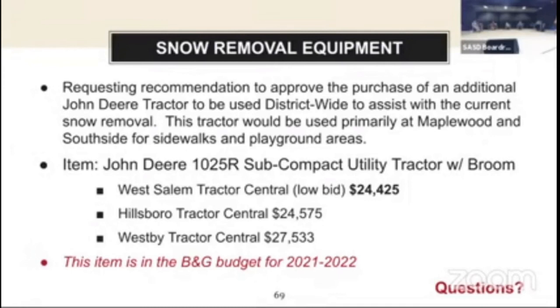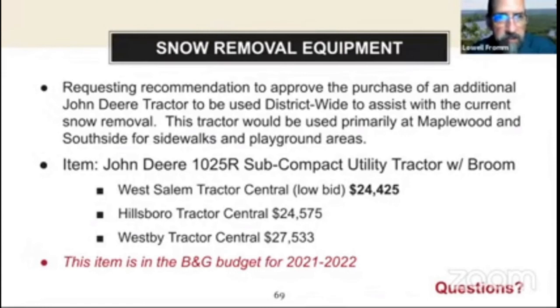Is this John Deere tractor you're talking about readily available for repair? They are, and besides West Salem Tractor Central, we can also get a lot of the serviceable parts directly from the auto parts stores here right in town.